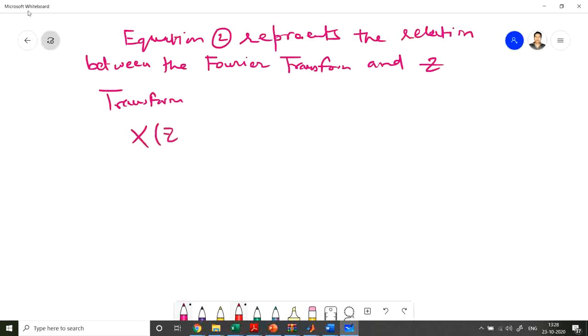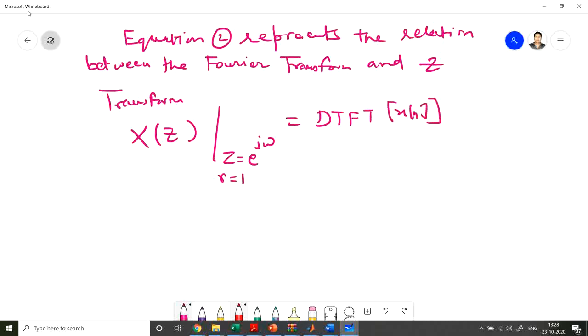So X(z), that is the z transform, when we have z equals e raised to the power j omega, here r equals 1, what will we get? We will get the discrete time Fourier transform of x[n].